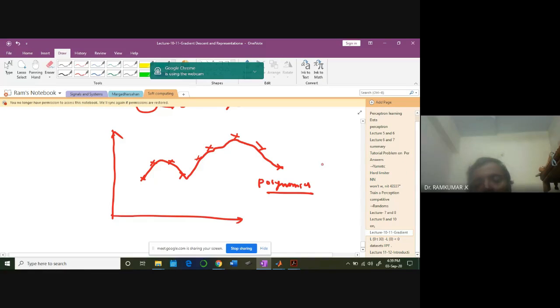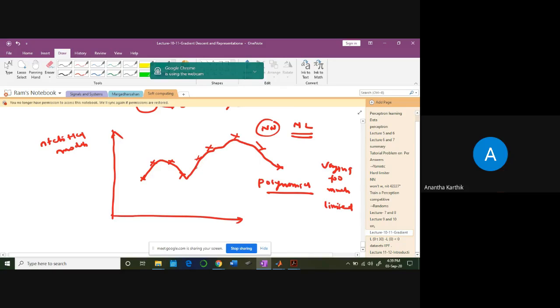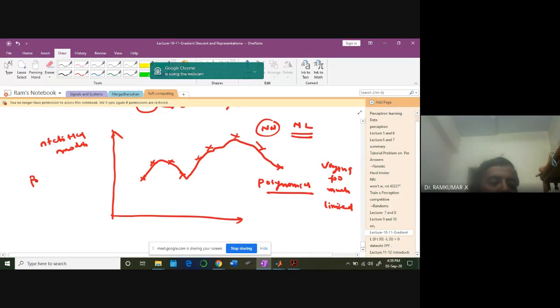And I know that my data is not varying too much, and I have a limited amount of data sets. Fitting this kind of statistical model will be a much better solution than going for a neural network or machine learning. This is something you need to think carefully about. Do I really require a neural network or not? That you need to think.